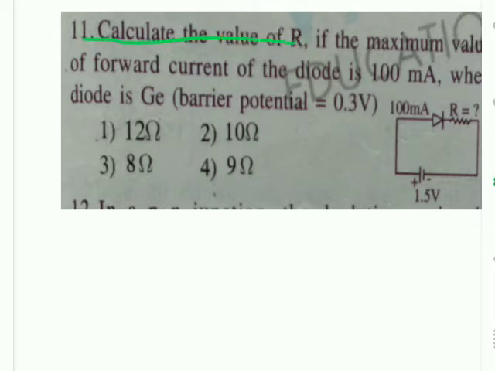Calculate the value of capital R if the maximum value of forward current of the diode is 100 milliamps. The diode is germanium, barrier potential 0.3 volts. He is asking the resistance.